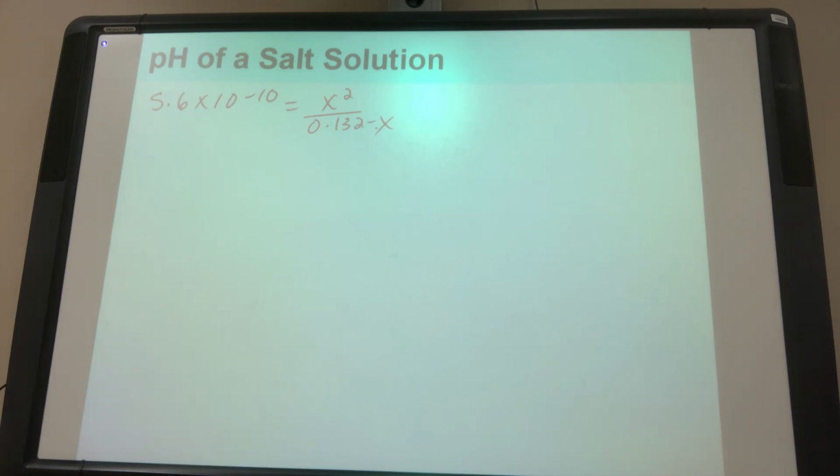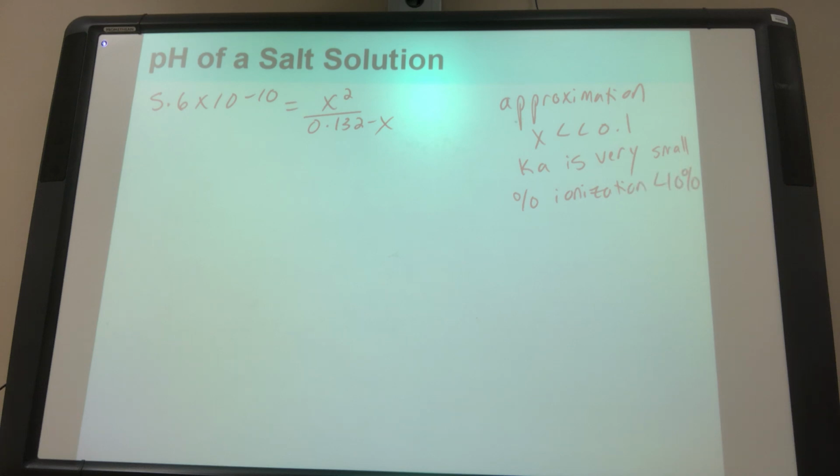So now we're like, okay, well the bottom isn't squared. So I would love to not have to deal with that square at the bottom. So what did we say? We could do an approximation. I can get rid of the bottom if my X is much less than 0.1, if my Ka or Kb is very small, and if the percent ionization is less than 10%.